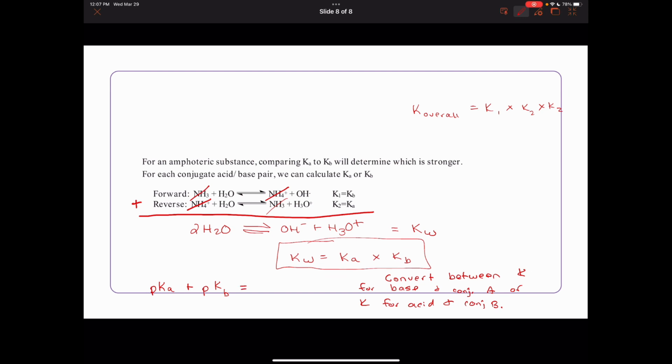Remember, Kw is 1 times 10 to the negative 14th. We take the negative log of that, and that gives us a value of 14. So sometimes you will see your Ks, because again, they're in scientific notation, you might see them expressed in log values in order to more easily compare your strengths. And so we can convert between Ka and Kb, or pKa and pKb, using this equation.